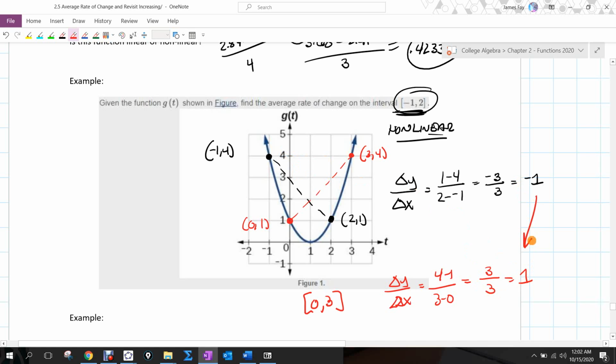And you see that those two average rates of change are different, so that's consistent with it not being a linear function. This is non-linear. Up 1 over 1, up 1 over 1, up 1 over 1 gets me right there. So along that duration, this interval was 3 units long, and my change in the vertical distance was 3. So that's where I get this 1.